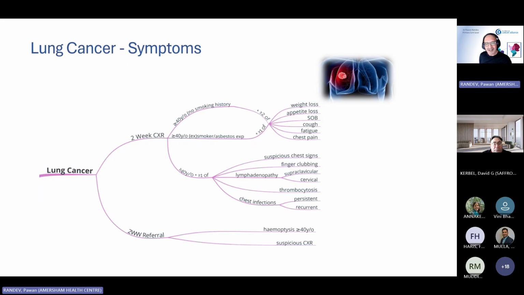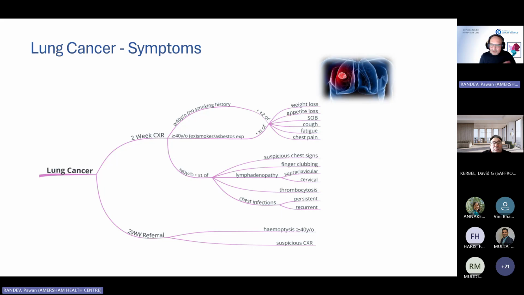But then when you go higher up and you go to the top right, if you have someone in front of you who's older than 40 with no smoking history, but they have more than 2 of weight loss, appetite loss, shortness of breath, cough, fatigue, or chest pain, then actually that patient, we should be thinking about a chest x-ray within 2 weeks. And if you have somebody who's a smoker or an ex-smoker or has asbestos exposure, you only need one of those items.